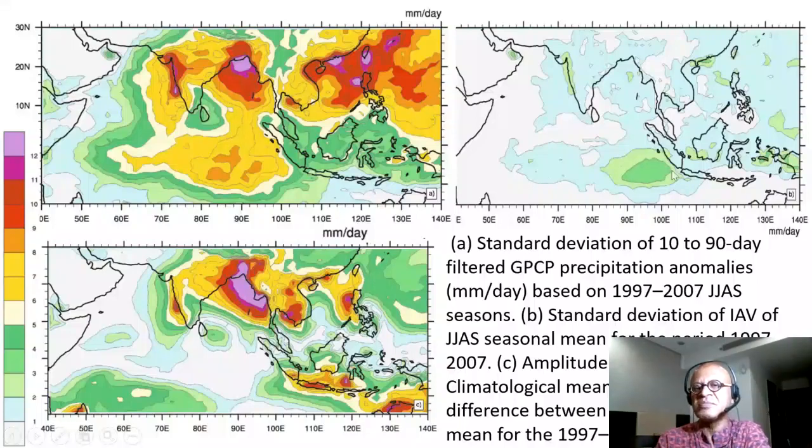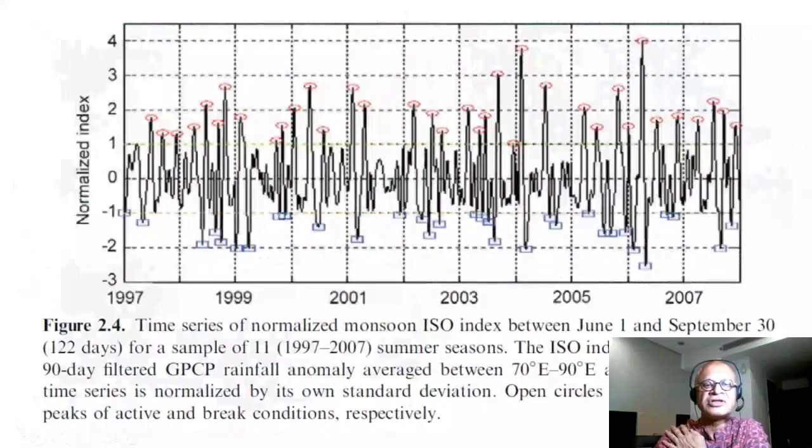The interannual variability here turns out to be the largest in the marine ITCZ region, and of course you get the orographic Western Ghats where you get some high standard deviation as well. But you can see there is somewhat of a similarity over this domain between the annual cycle and the standard deviation of the intraseasonal time scale going from 10 to 90 days.